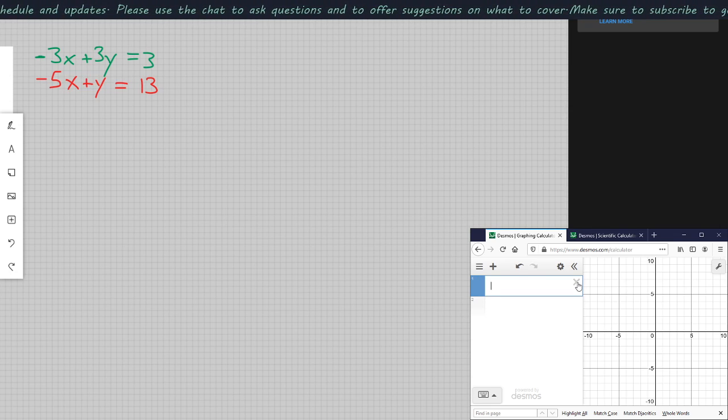To plug this into Desmos, again, you don't have to turn it into slope intercept. It will plot in standard form. Just as a reminder though, if you were to use your graphing calculator, your TI-83, you would need to turn that into slope intercept form.